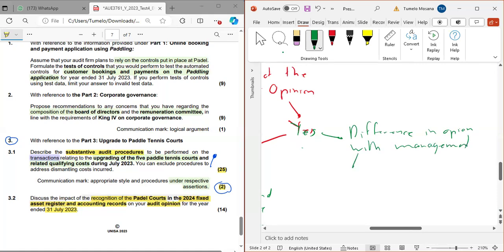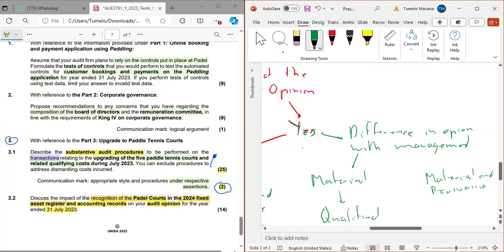If it is only material, it would be qualified, right?